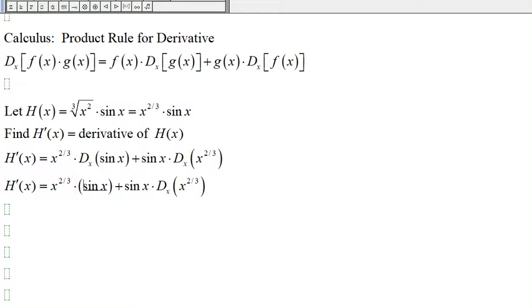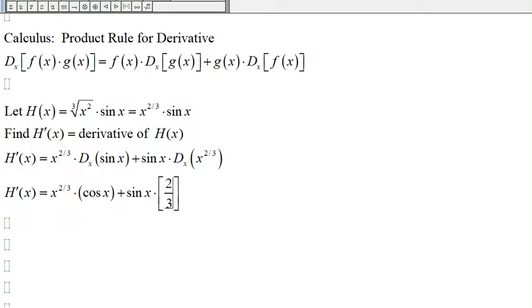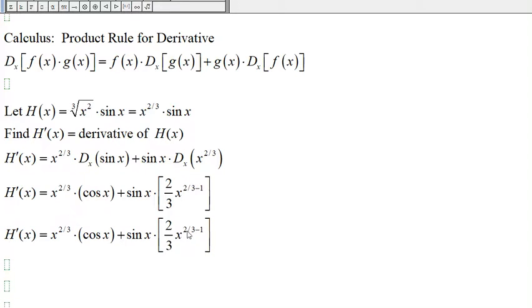And recall that the derivative of sine of x is just cosine of x. And then right here, using the power rule, we have 2/3 times x to the 2/3 minus 1. And then 2/3 minus 1 is negative 1/3.